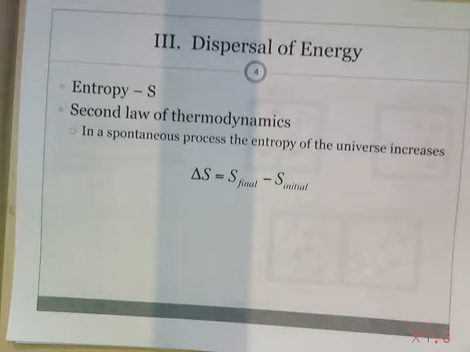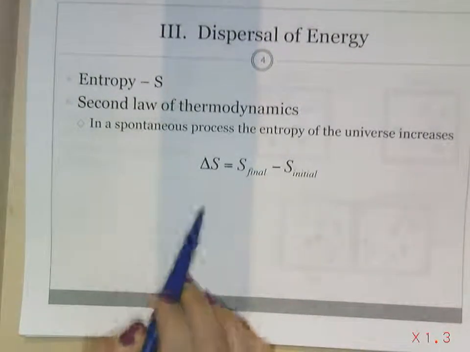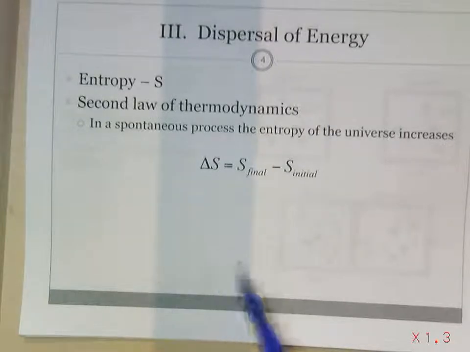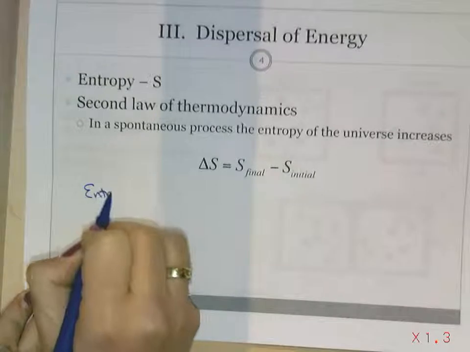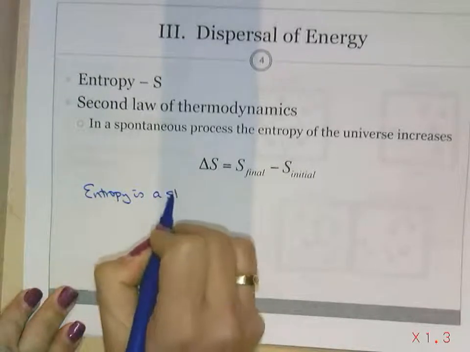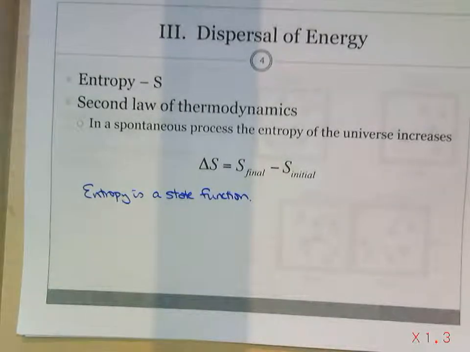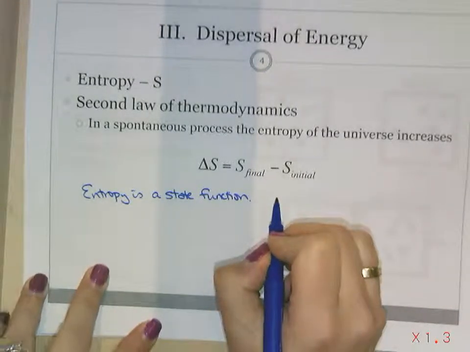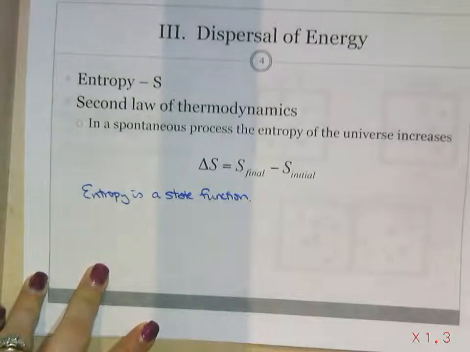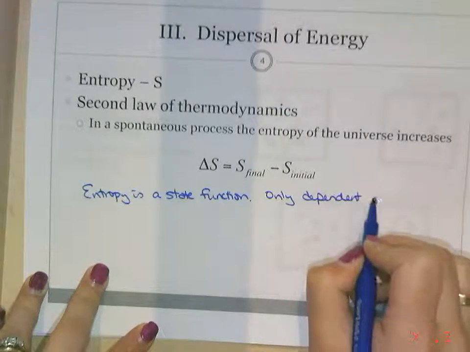All right, here I have my delta S, which means change in entropy, final minus initial. If it's just final minus initial, what kind of function is that? Right, we got ourselves a state function, which means it is only dependent on initial and final states.